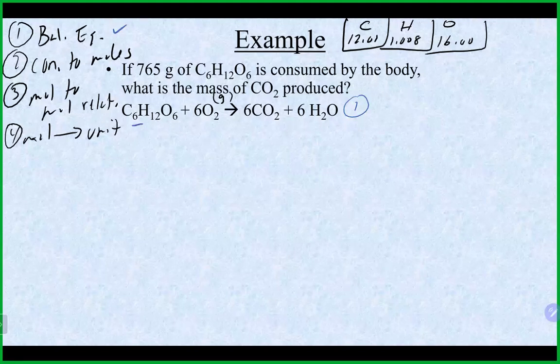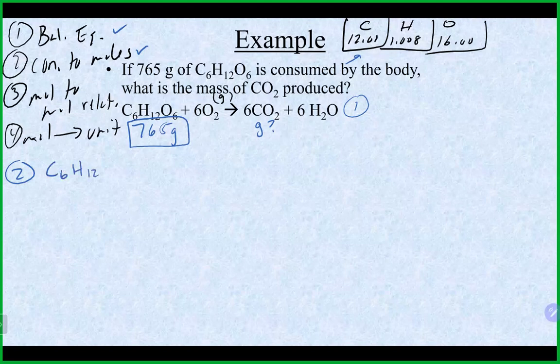They did give us 765 grams of this guy here, and we ultimately want to get over to grams of CO2. So step number two, we do need to convert into moles. And again, in order to do that, we will have to go to the periodic table here and get the molar mass of C6H12O6.